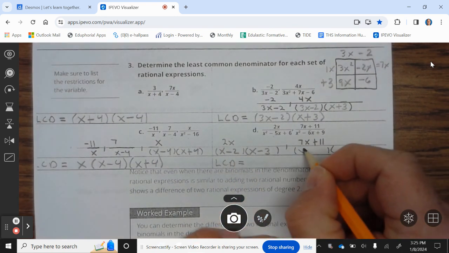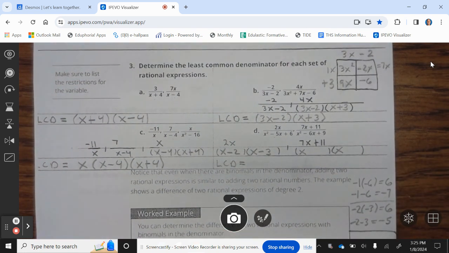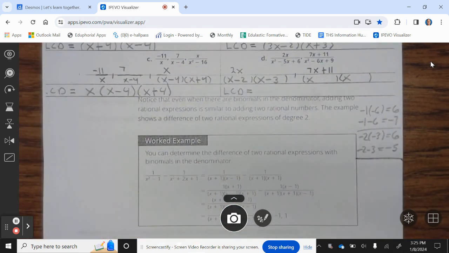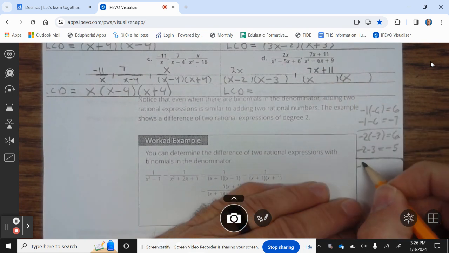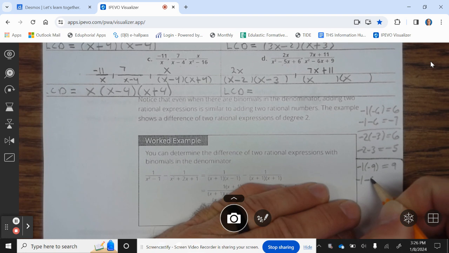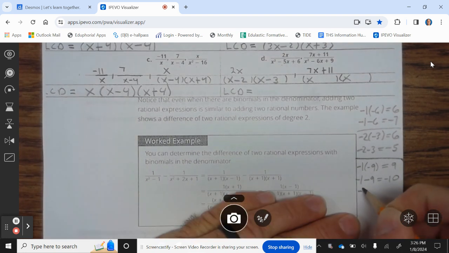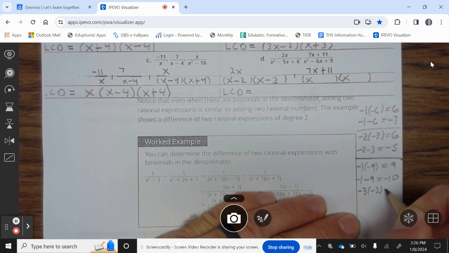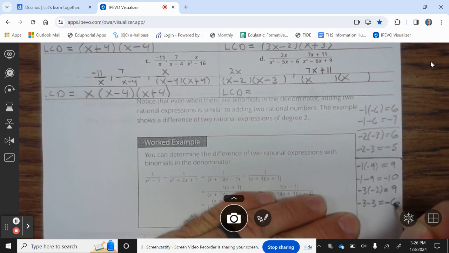Now, x and x make x squared. Okay, now we need to figure out what numbers multiply to give you a positive 9 combined to be negative 6. So negative 1 times negative 9 is positive 9. Negative 1 minus 9 is negative 10. That doesn't work. Negative 2 doesn't work. Negative 3 times negative 3 is positive 9. Negative 3 minus 3 is negative 6.